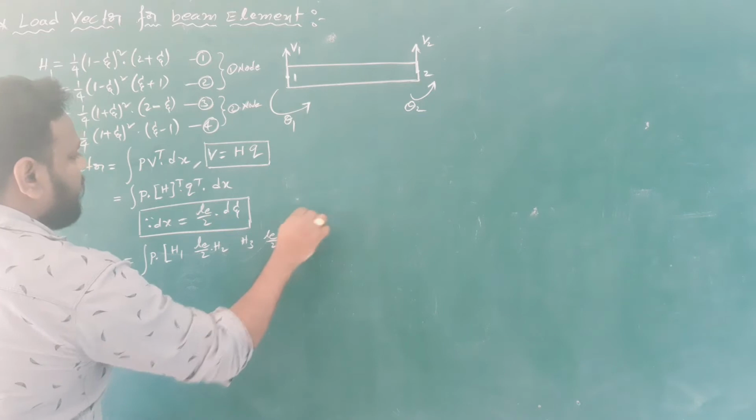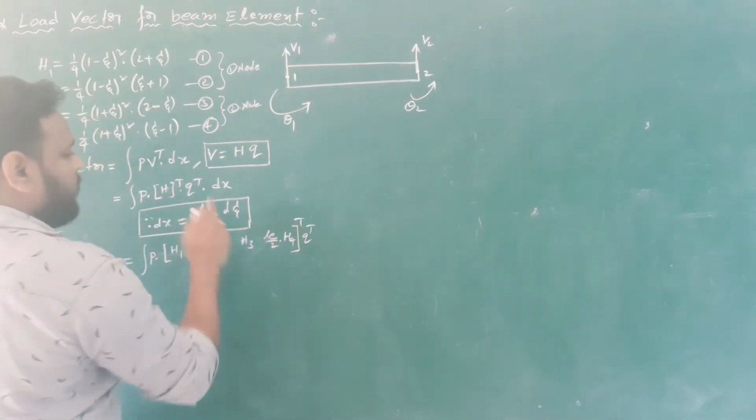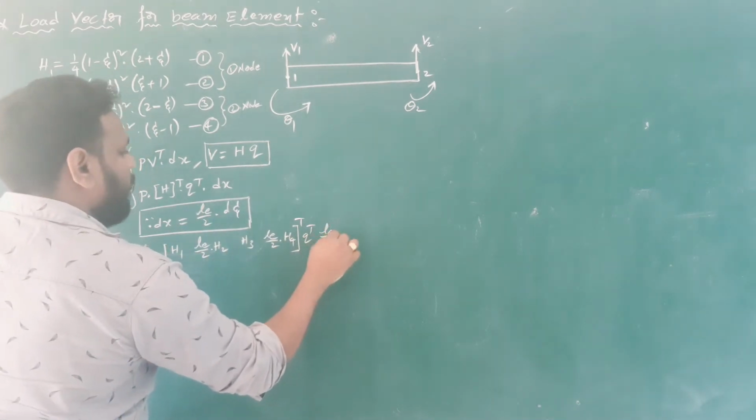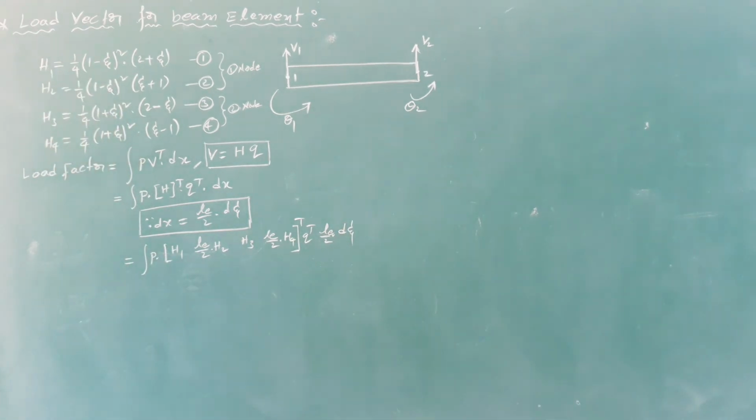This is transpose into Q transpose. The dx means LE by 2 into dz. So finally we got this relation.